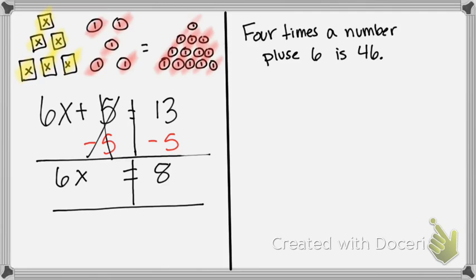So to undo multiplication, we're going to divide by 6. Now we have x equals 8 divided by 6. We can simplify that to 1.333 repeating, or we can put it as 4/3. I'll accept both of those answers.